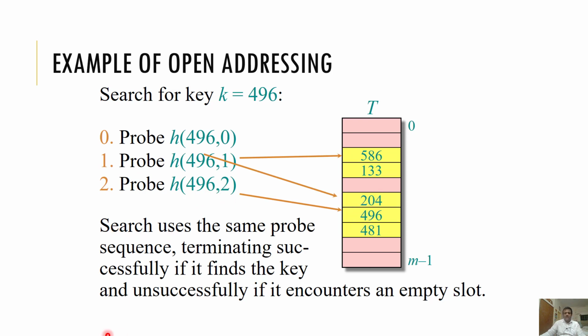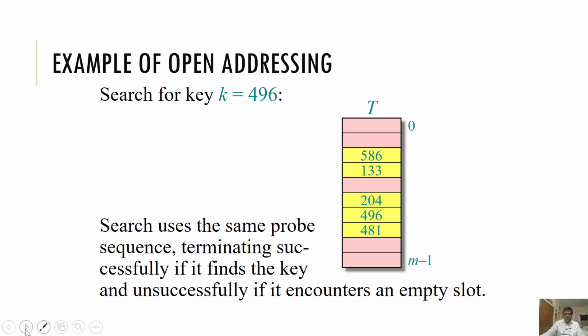Now, for deletion, why is it difficult? Suppose in this scenario we are deleting 586, the record whose key value is this.